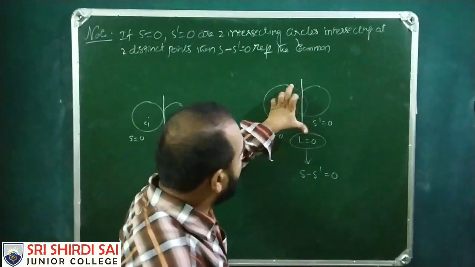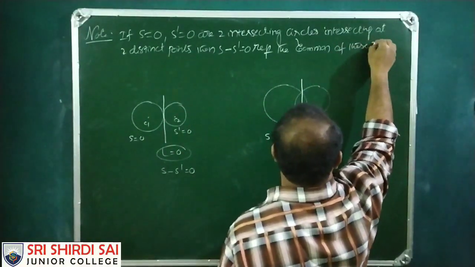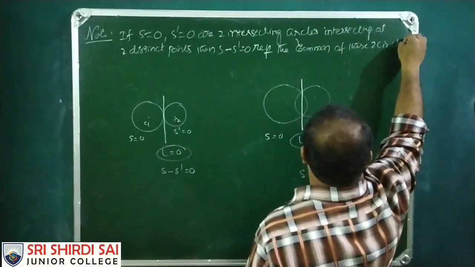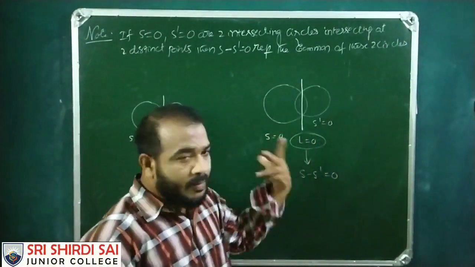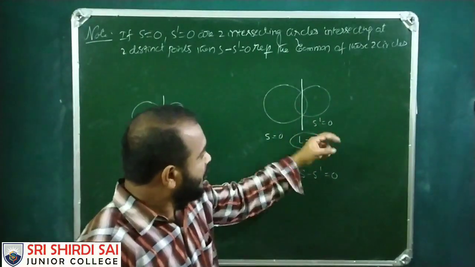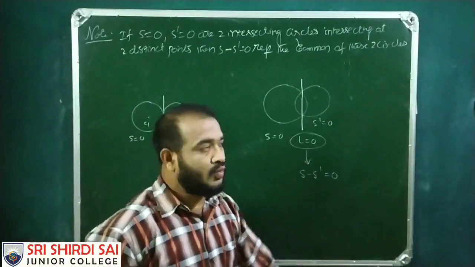This is the common chord of these two circles. So we have already learned that for two intersecting circles, this is the common chord, okay. But the new point is this common chord equation is S minus S dash equals 0.